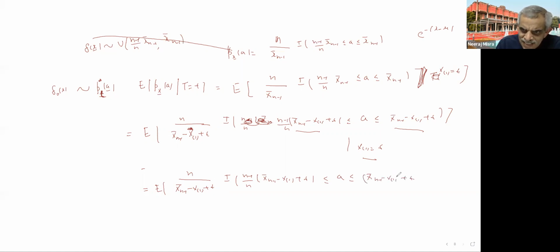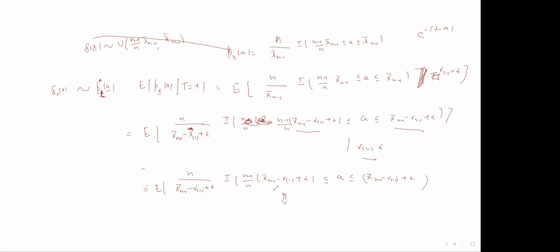I cannot go beyond this, because finding this expectation in closed form would be difficult. But I know that since this is ancillary, this quantity will not depend on theta. It would be some quantity which only depends on t. So in this case, one will have to adopt numerical computation to implement this estimator. But as an estimator, you can write this down, and that is perfectly fine, because beyond this you cannot get the expression in closed form. All right? Is that clear? Yes. Okay.